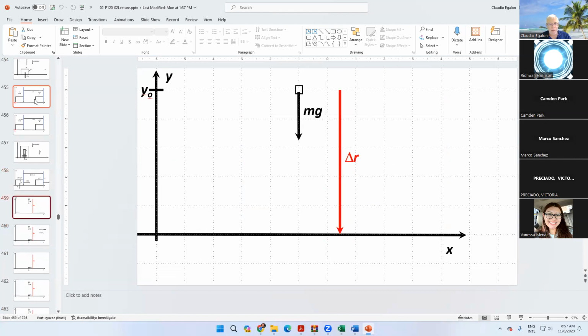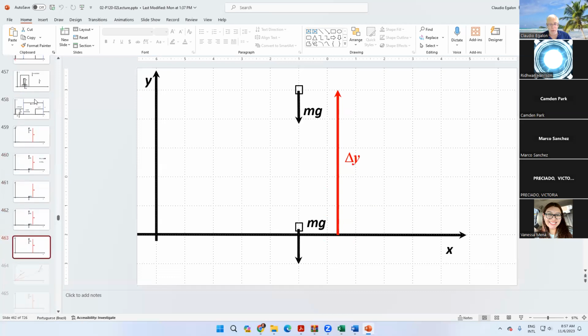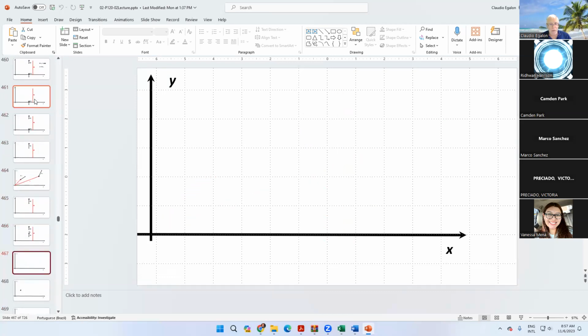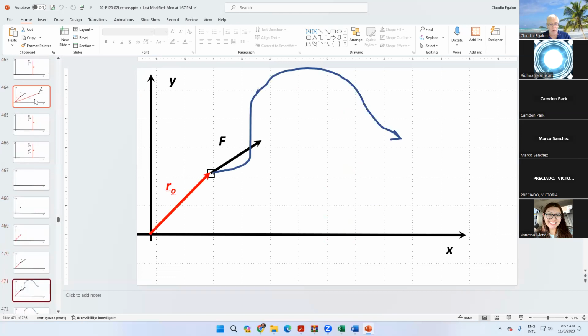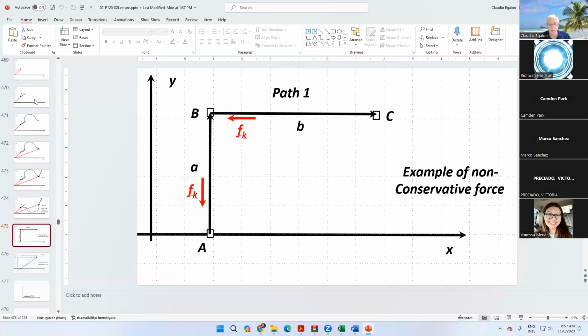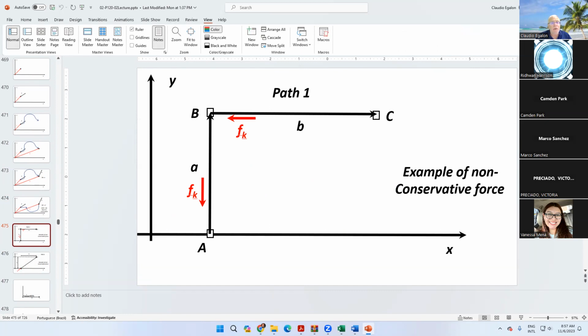Okay, and here you go. That's a conservative force. What you have to remember. Let's see. Yeah, here you go. That's the one I want. And view, grid lines.